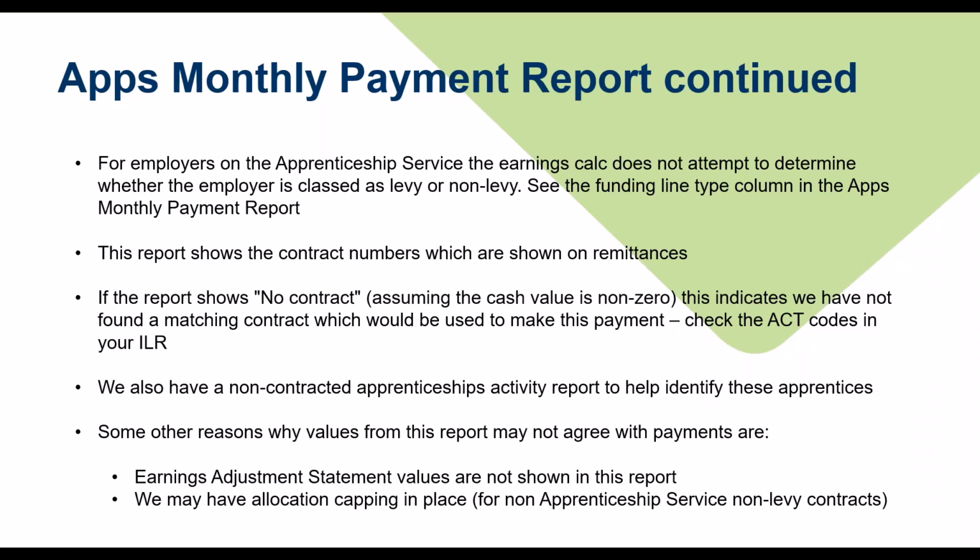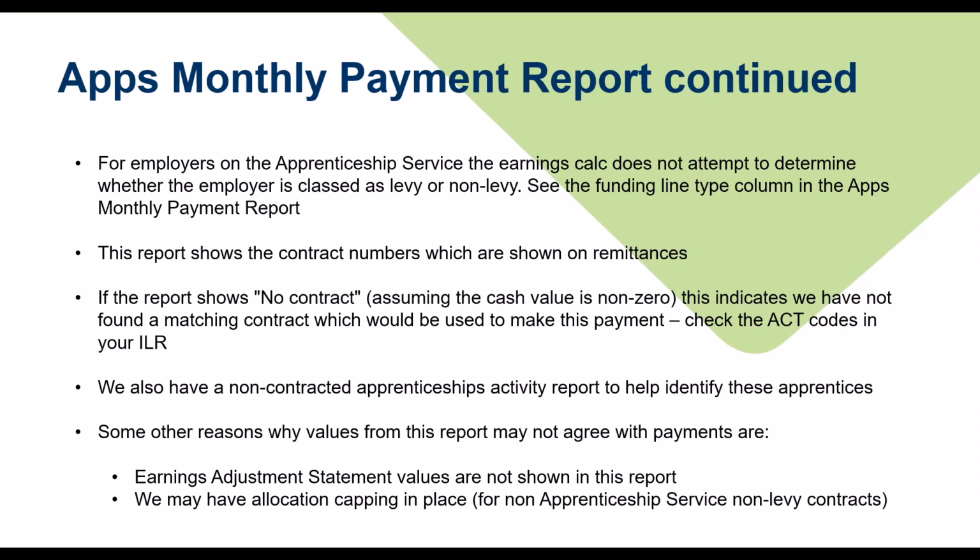So, for employers on the apprenticeship service, which includes all new starts, all apprenticeship starts from April 2021, and obviously for levy dating back to May 2017, the earnings calculation on the indicative earnings report does not attempt to determine whether the employer is classed as levy or non-levy, because it obviously can't.